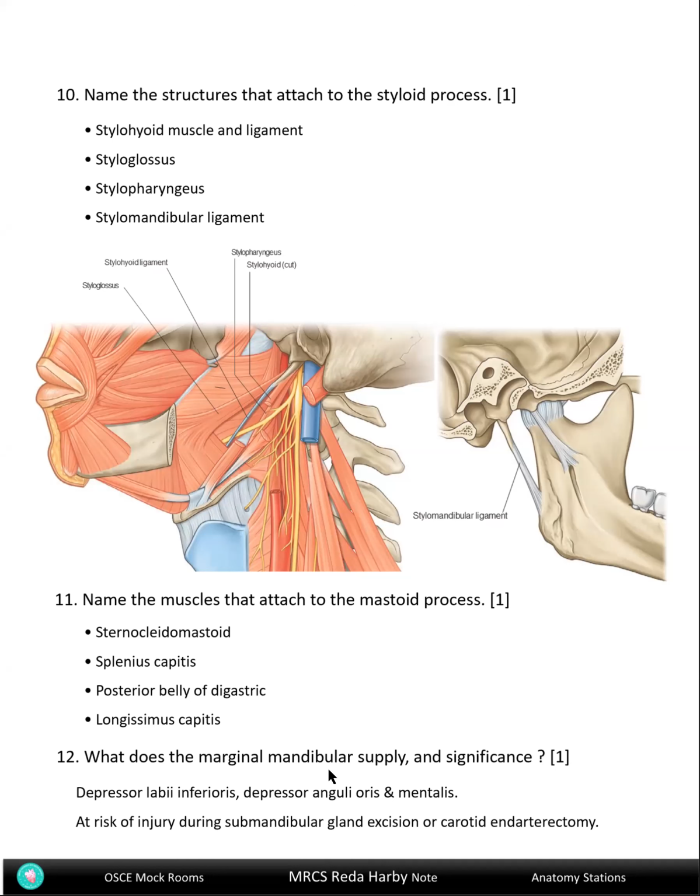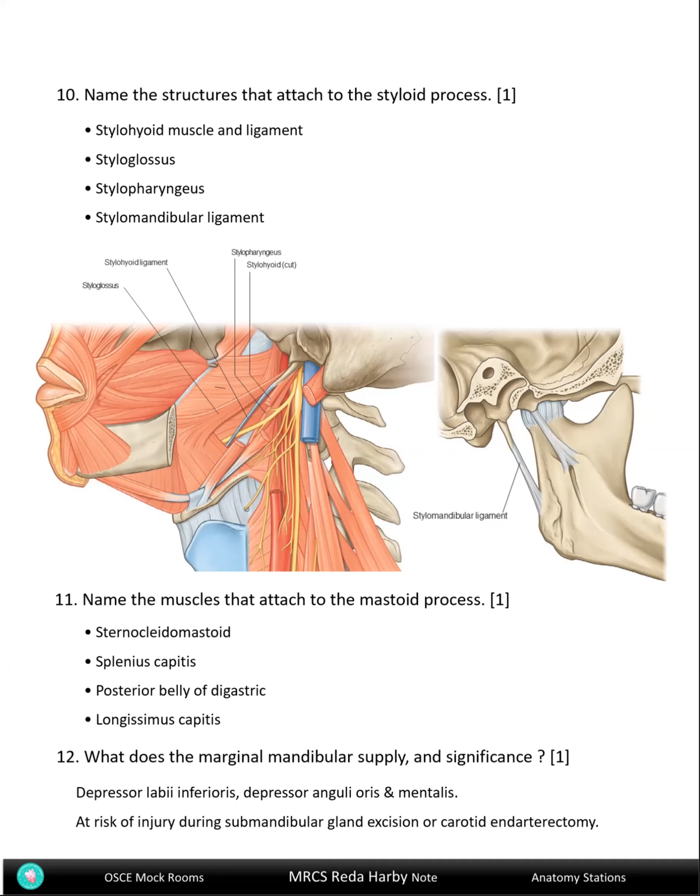What does the marginal mandibular supply, and what is its significance? Depressor labii inferioris, depressor anguli oris, and mentalis.